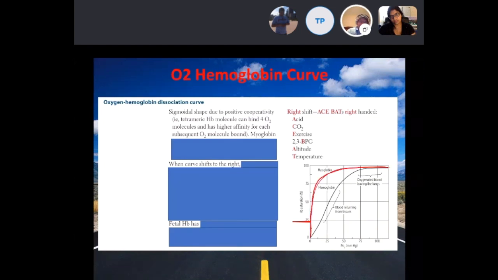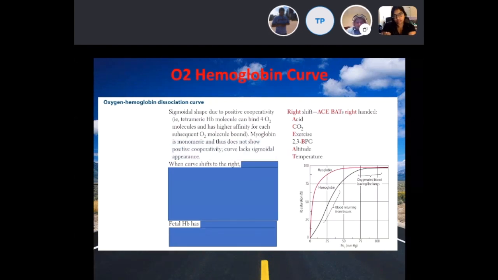Okay, so why does myoglobin have this exponential curve? Because of its shape. What about its shape? It's not tetrameric, it's monomeric. Yeah, nailed it on the head.